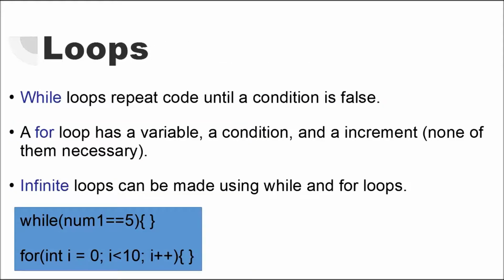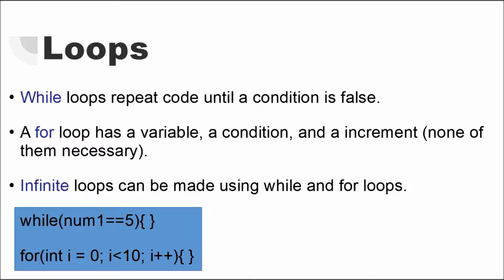Loops. Suppose you want to run some code, but you don't want to write it out like 100 times. Yes, there is a way to avert that, and those are loops. While loops repeat code until a condition is false. As you can see in the first example, while num1 equals 5, as long as num1 equals 5, the code inside will be repeatedly run until num1 doesn't equal 5.